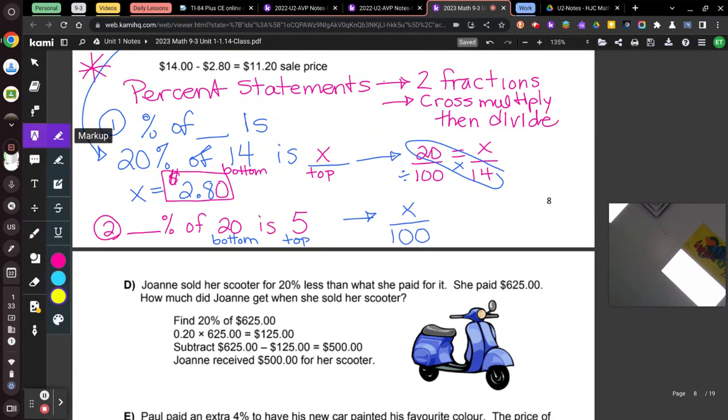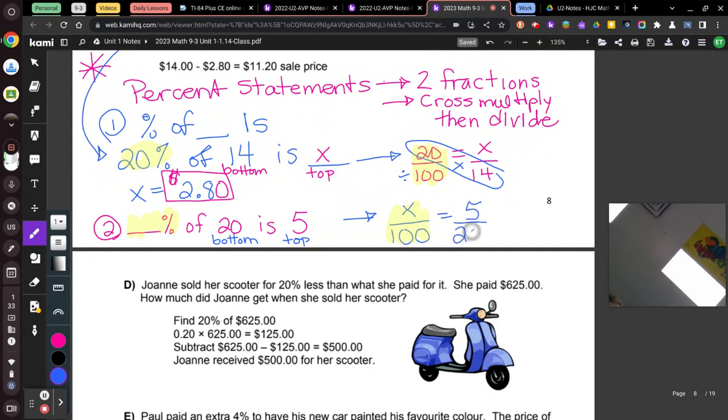So take a look here. This 20 over 100, that's my 20%. So this percent statement is this one over 100. That's always that fraction. Your second fraction is the one where it comes from the top and the bottom there. So you would have 5 over 20. Now we look where the numbers are diagonal from each other. They're diagonal from each other right here.